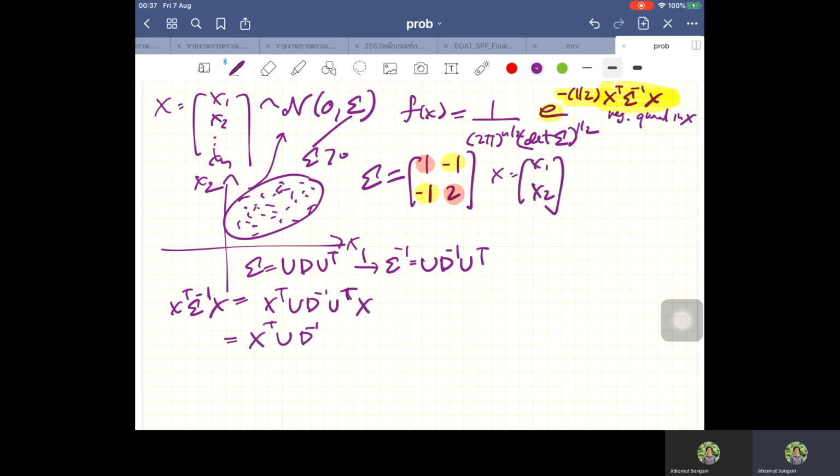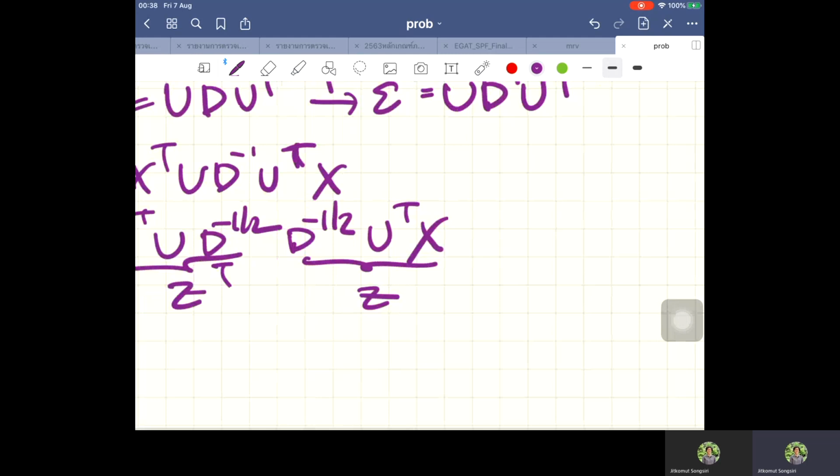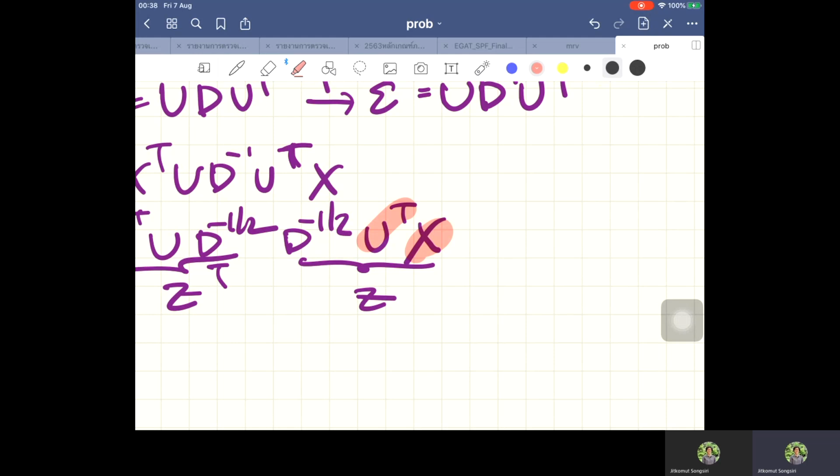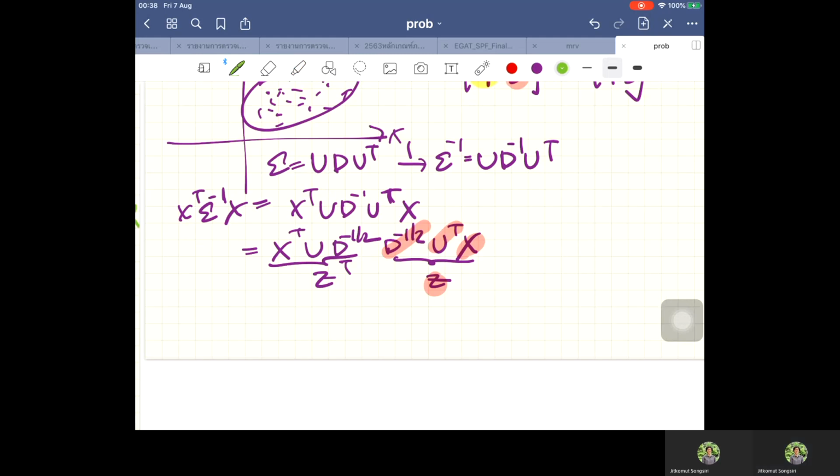I also factorize the inverse of D into D^(-1/2) D^(-1/2). And now I call this guy Z transpose and Z. You check the dimension. X is a vector, U is a matrix, D^(-1/2) is a matrix, so matrix times vector becomes a vector.